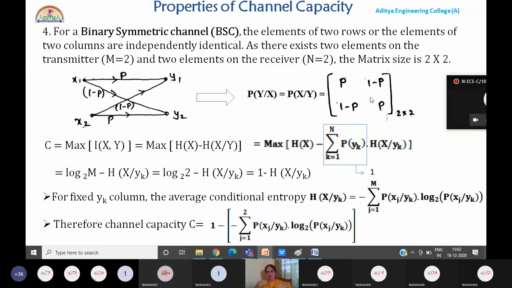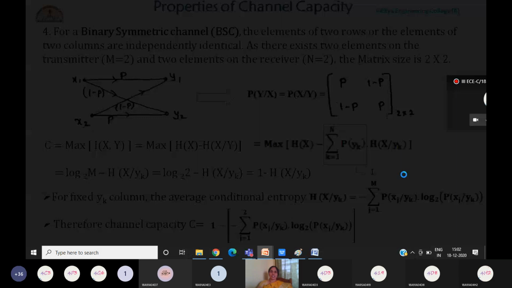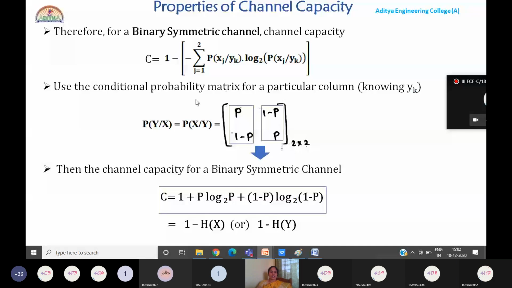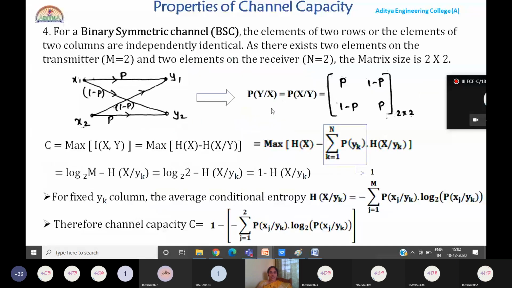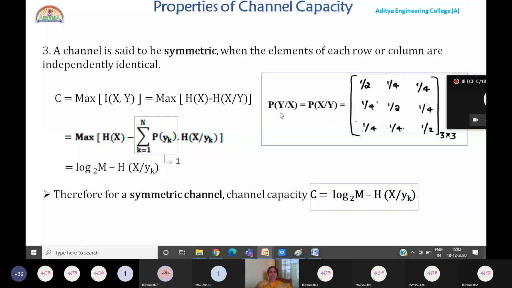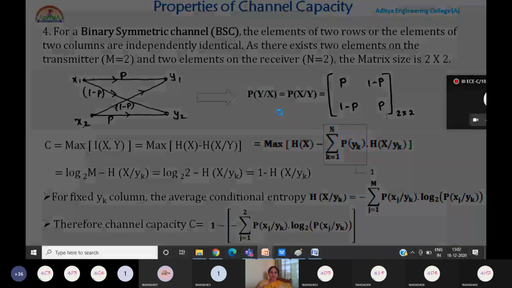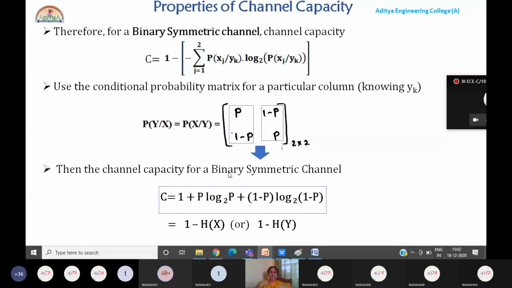Because the probability matrix is known to you, please substitute these elements in the average conditional entropy to calculate the channel capacity. Now, in this matrix you can fix any column because the denominator is yk.